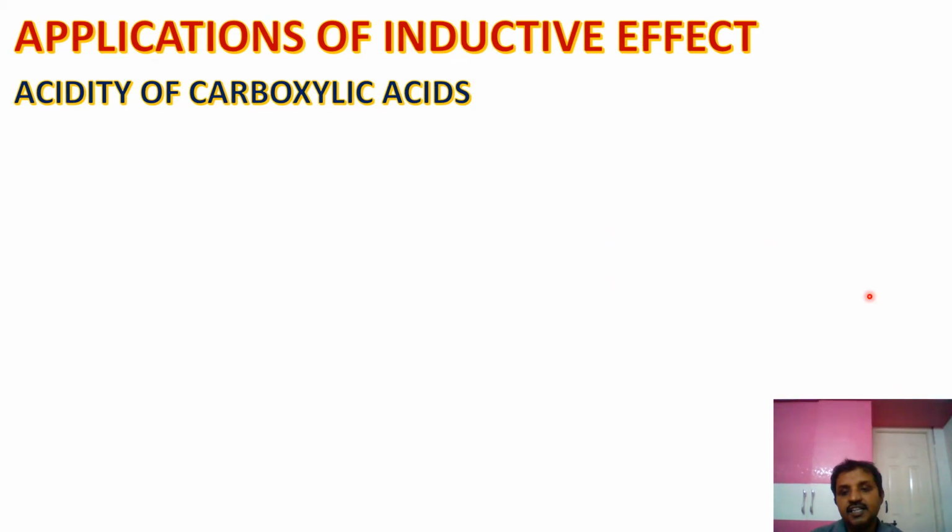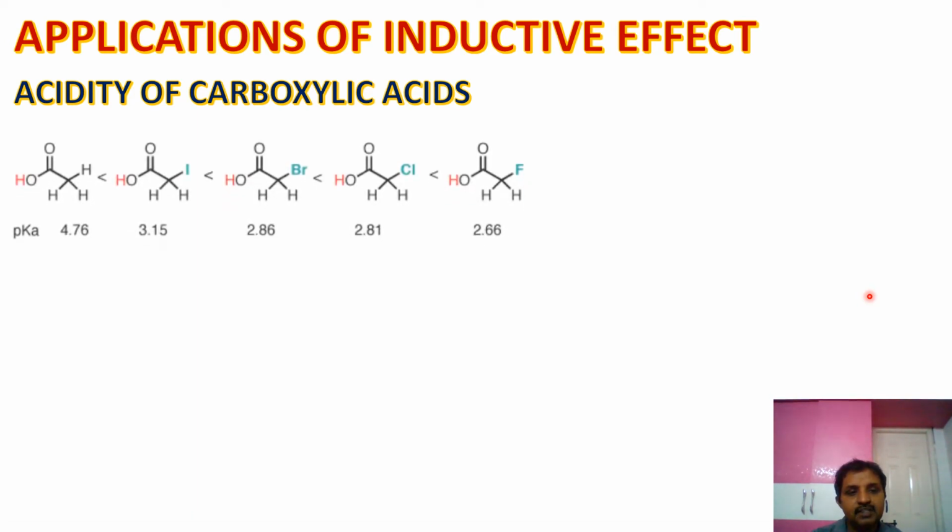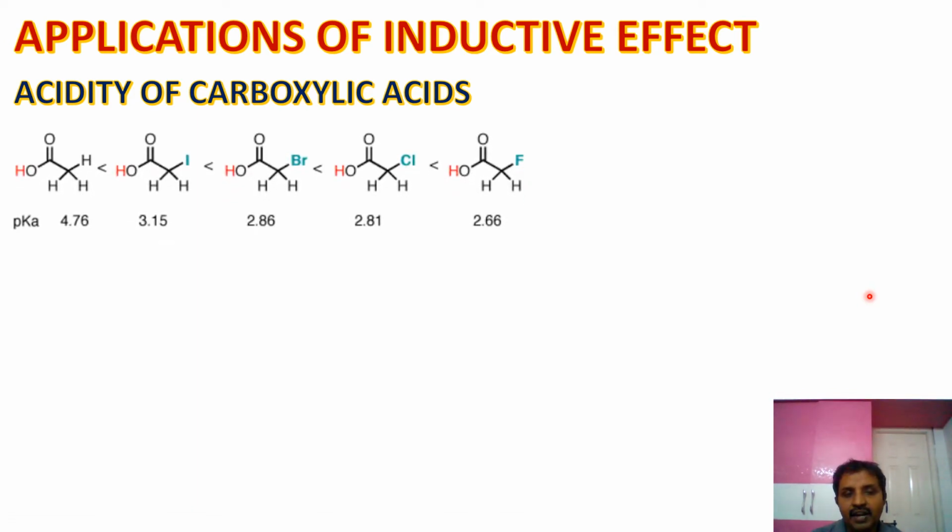Now let us discuss a few examples based on acidity. As the pKa value increases, acidity decreases. Here is acetic acid with all hydrogen atoms on the methyl group.